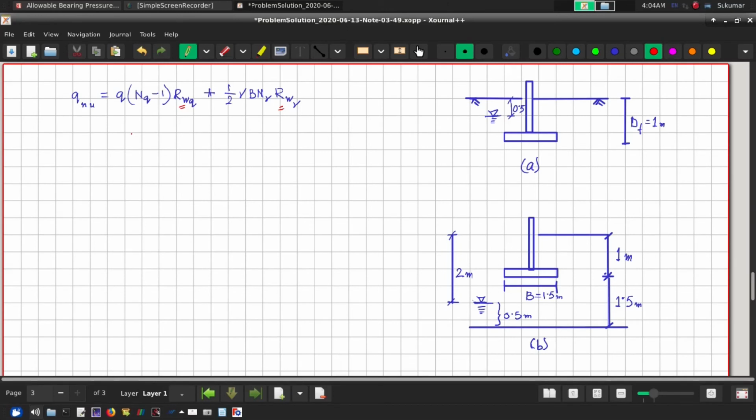Let us also write down the bearing capacity factors for phi equal to 32 degree. This is our solution for example 3.